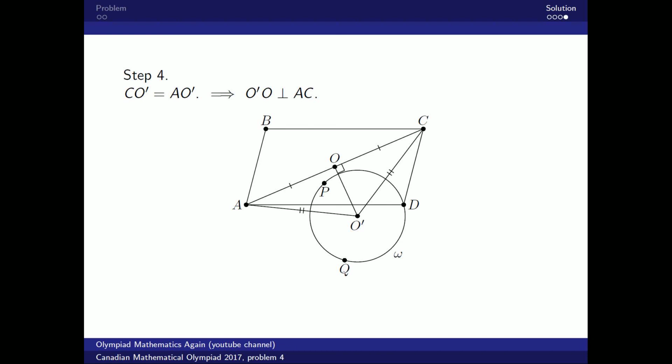So it means that in triangle AO'C, O'O is a median. But because these two sides AO' and CO' of this triangle are equal to each other, this median is also an altitude, right? So we conclude that O'O is perpendicular to AC.